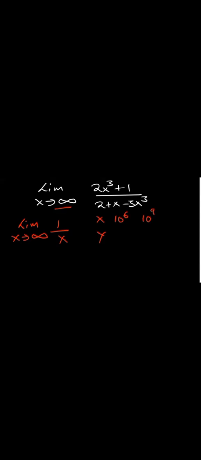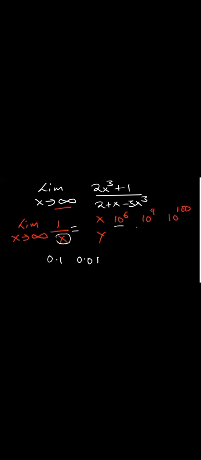So you have a million, a billion, 10 to the power maybe 100. So if you plug in there where there's x, remember that as the values of x are increasing, this function is going to be reducing, because if we start from 10 to make it easier, if your value of x is 10, your function is going to give you a value of what? 0.1. If it's 100, 0.01.